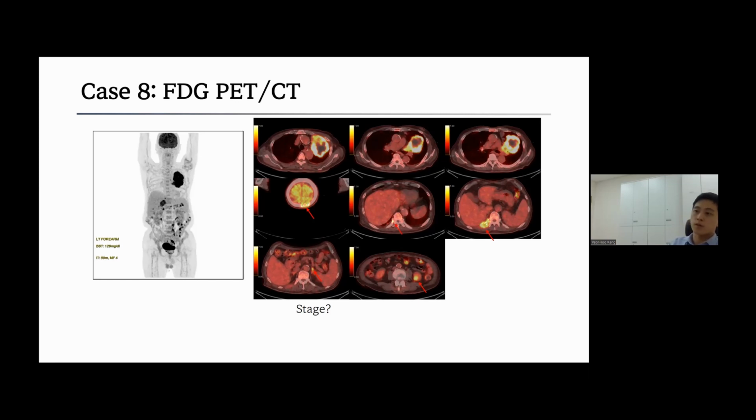And hypermetabolic osteolytic or bone-disrupting lesions are observed in the left parietal bone and right 10th and 11th ribs, suggesting multiple bone metastases. In addition, hypermetabolic nodules are observed in the left adrenal gland and the left kidney lower pole, also suggesting metastasis.